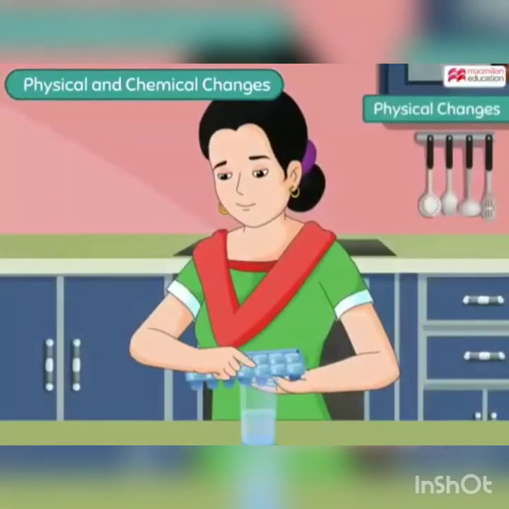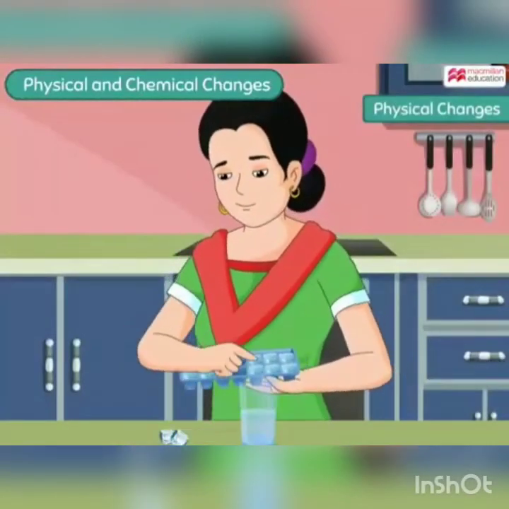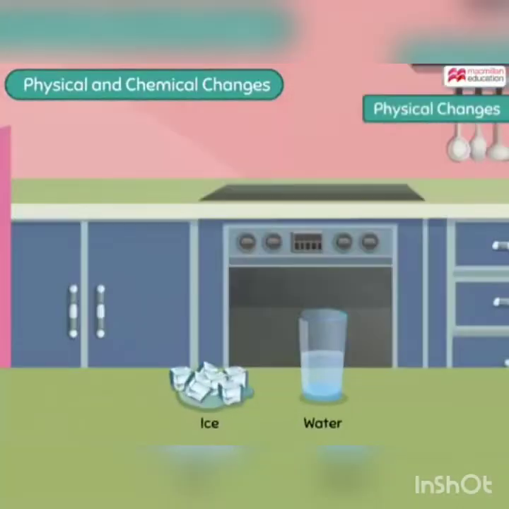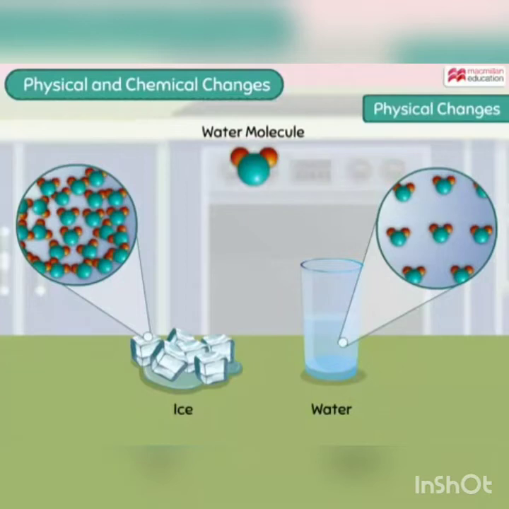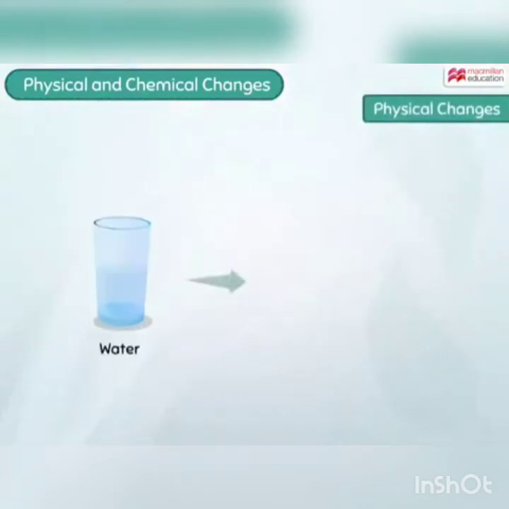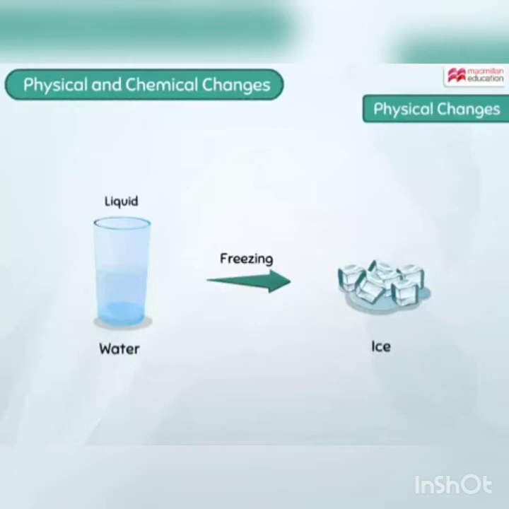When water is frozen, it forms ice. However, ice and water are made up of the same type of substance, that is, water molecules. This means that freezing just changed the physical form of water from liquid to solid, but the molecules inside remain the same.